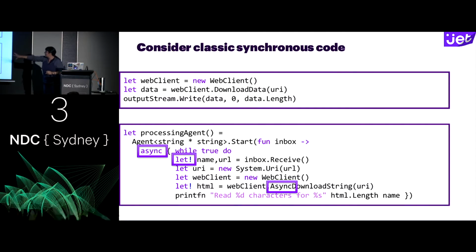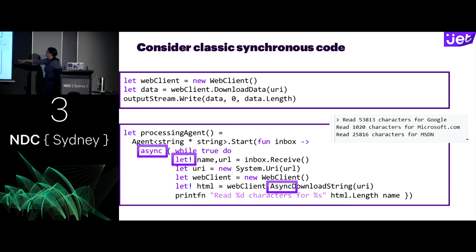So the main differences between the top bit of code and the bottom are that it is in the async workflow, we have this let bang, and we have an async download string instead of the download data, which is not asynchronous. So it is very similar. I mean, let web client equal new web client. The HTML is very similar, and then here we're using a printfn instead of an output stream write. But it's very, very similar code.